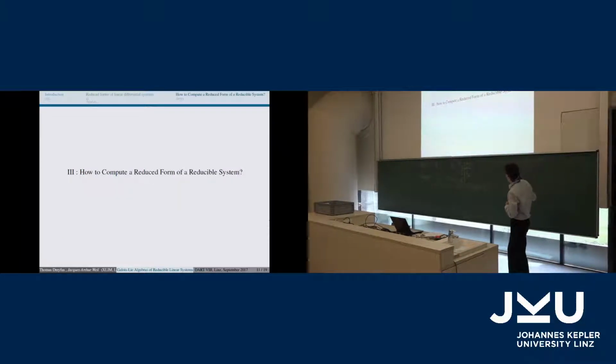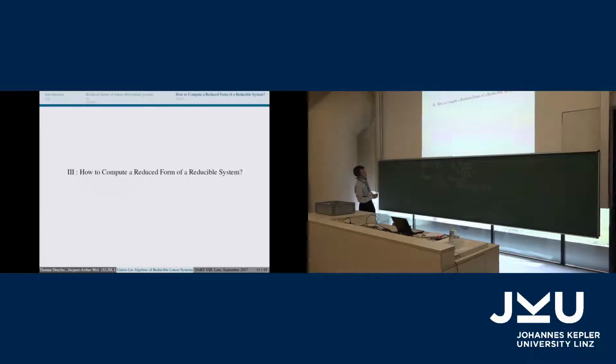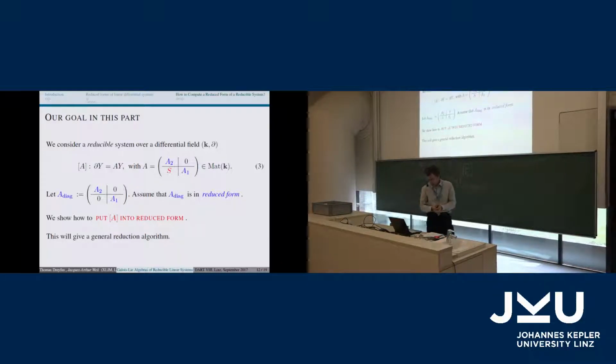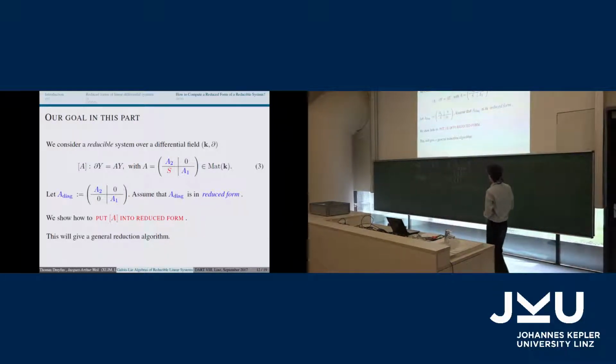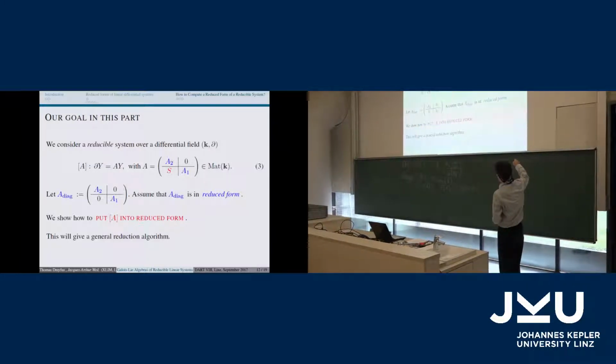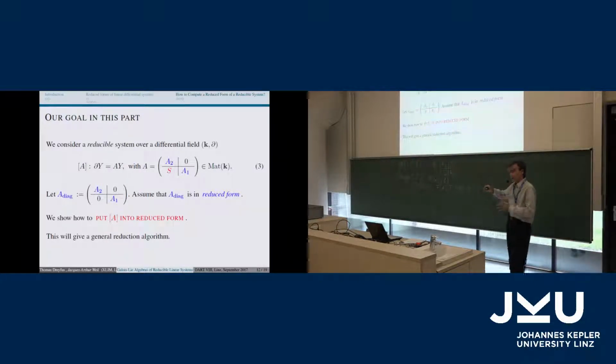So now I'm going to really handle that problem and then show how it does everything we wanted. So the first thing, we assume we have this diagonal part, and then we have the off-diagonal part here, and we assume that if there was no off-diagonal part, this part is in reduced form.